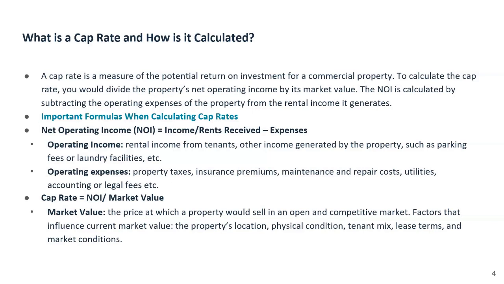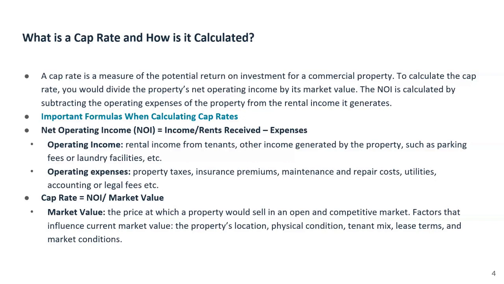Based on that, when we divide the net operating income by the market value, or the price at which you are buying the property, it gives you the cap rate. So if your net operating income for a year is 100,000 and your property value is 1 million, your cap rate is 100,000 divided by 1 million, which is 0.1, equal to 10%.